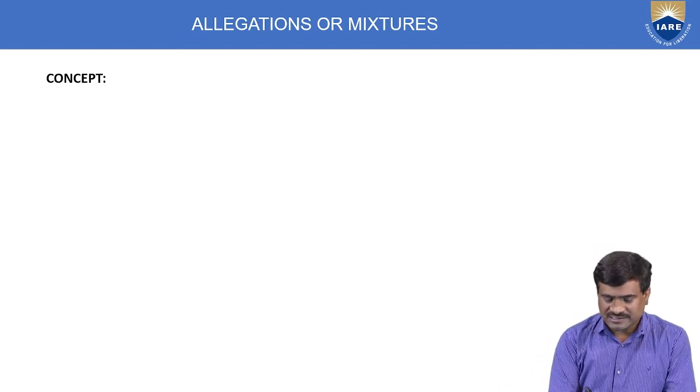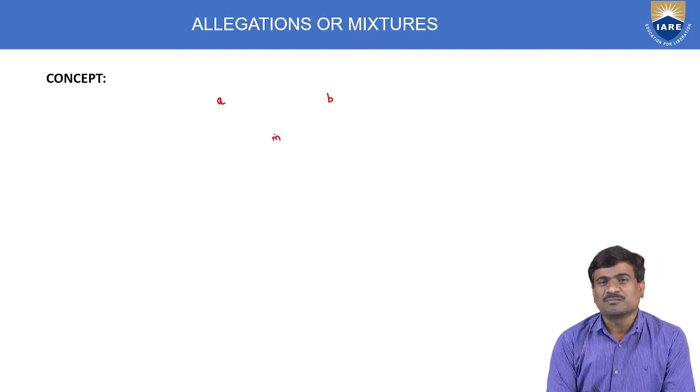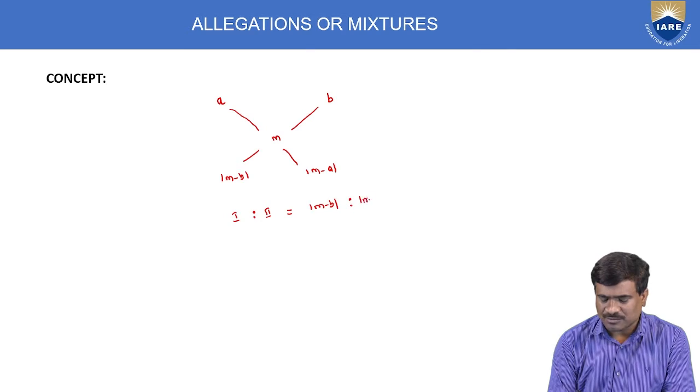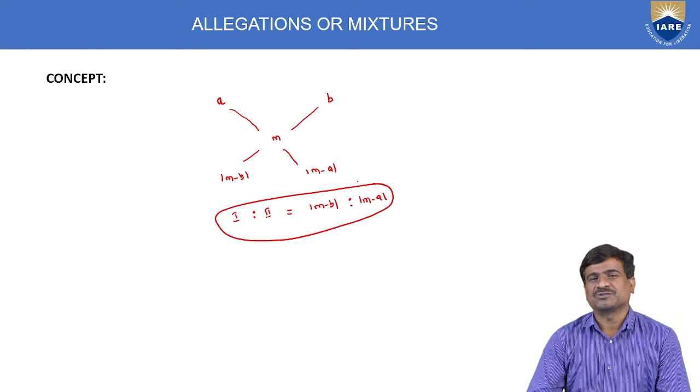Your concept is: type 1 variety A, type 2 variety B, and type 1 plus type 2 is called the mixed M. Next, modulus of M minus B, and modulus of M minus A. Then type 1 is to type 2 is equal to modulus of M minus B is to modulus of M minus A. This is the allegation rule.